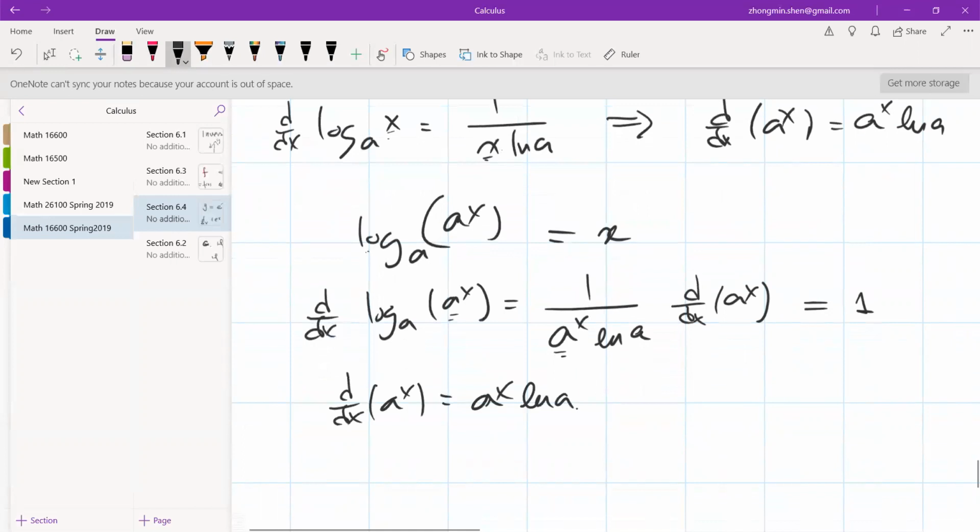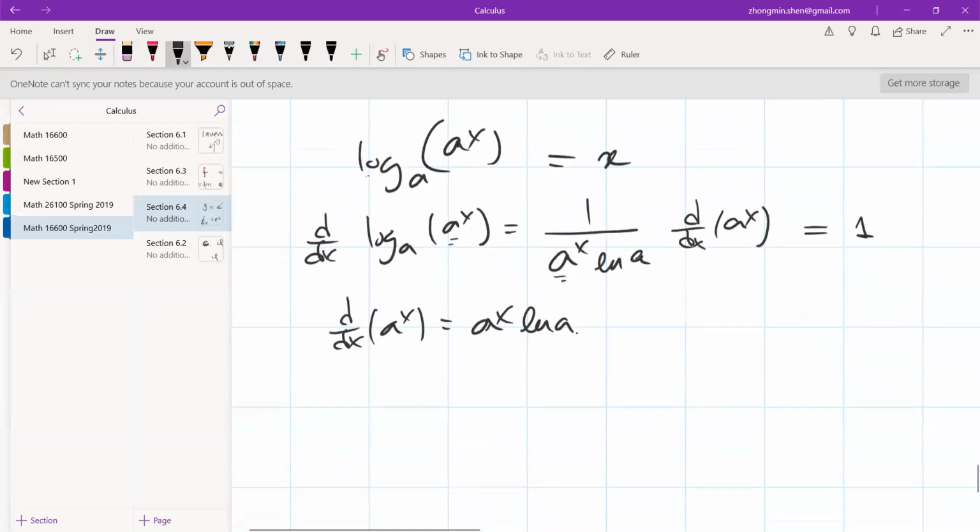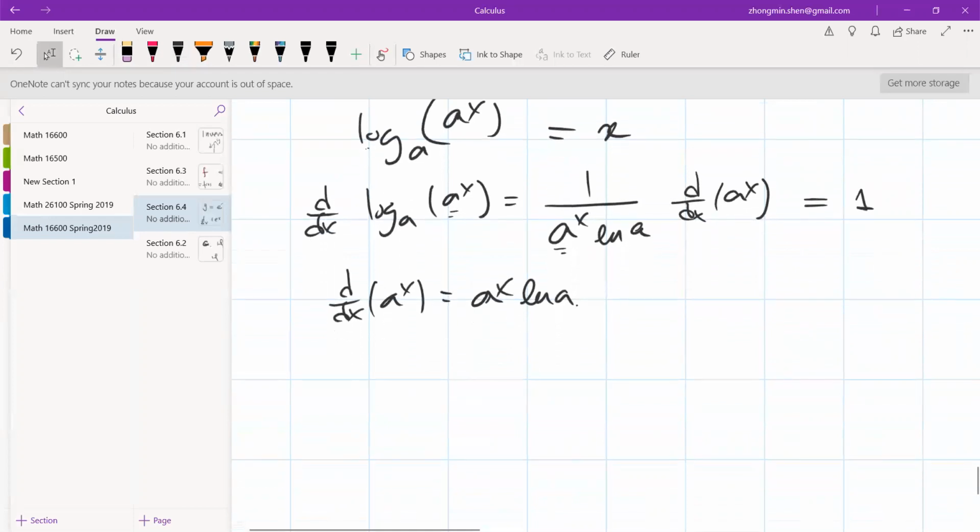So some books, I think exponential functions come out naturally, so they define the exponential function, then define the log function as the inverse function. In some books, some people decided to define the natural log function first. How do you define it? Natural log function first.